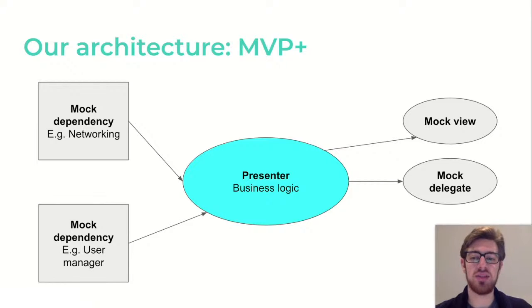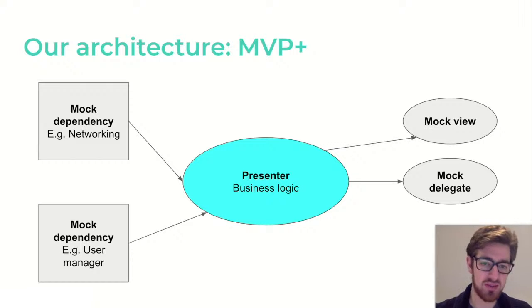And then the presenter will have dependencies injected for networking, for example, or like a user manager, so is the user logged in or out, details about the user, and for any other kind of communication with backend or with other data sources. So we want to make sure that all our business logic is kept within the presenter, and that's partly so that it's testable, so that when we're writing tests, we're only testing logic.